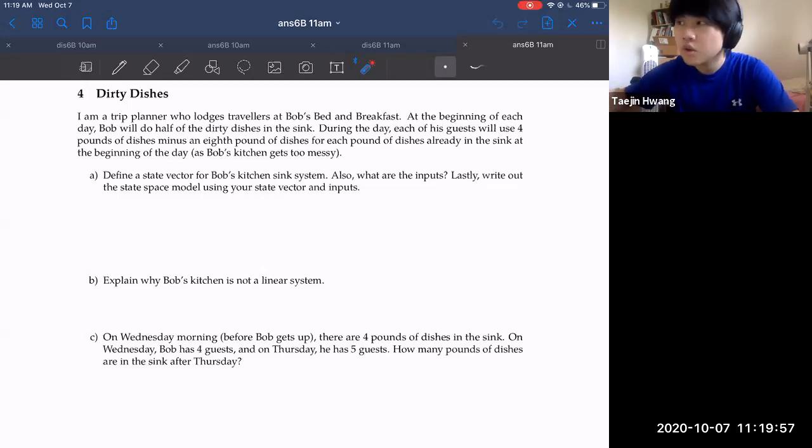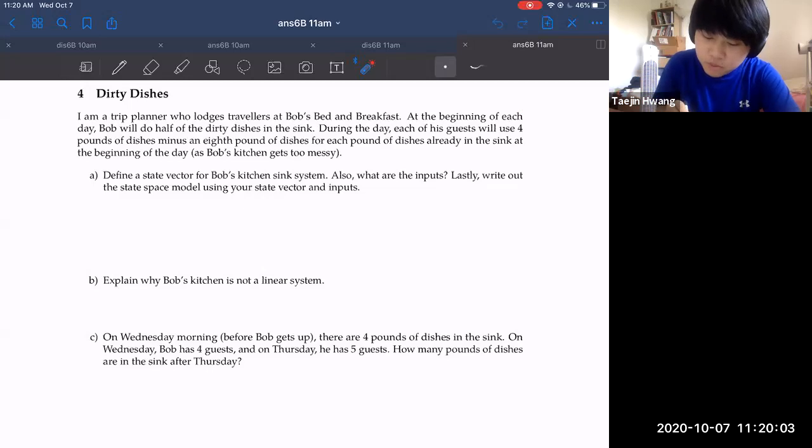In our first problem, we have a trip planner who is setting up a bed and breakfast, where at the beginning of each day, we halve the amount of dirty dishes in the sink. And then each day, some guests arrive and add to the pile of dirty dishes.